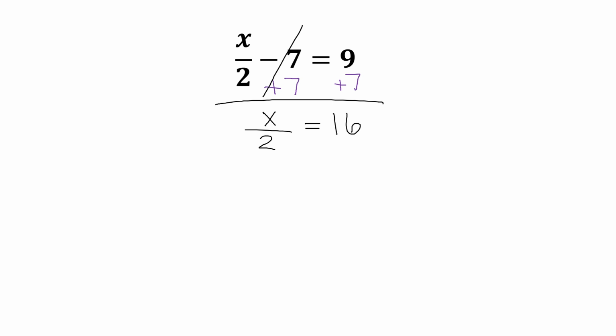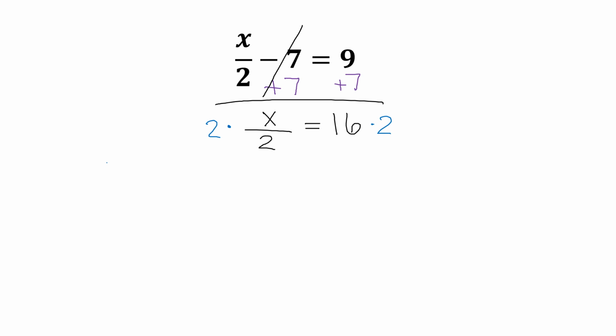This one might take a little bit to think about how to solve. We have to get rid of x divided by 2. So the opposite of dividing by 2 is multiplying by 2. So what you do to one side, you must do to the other side.